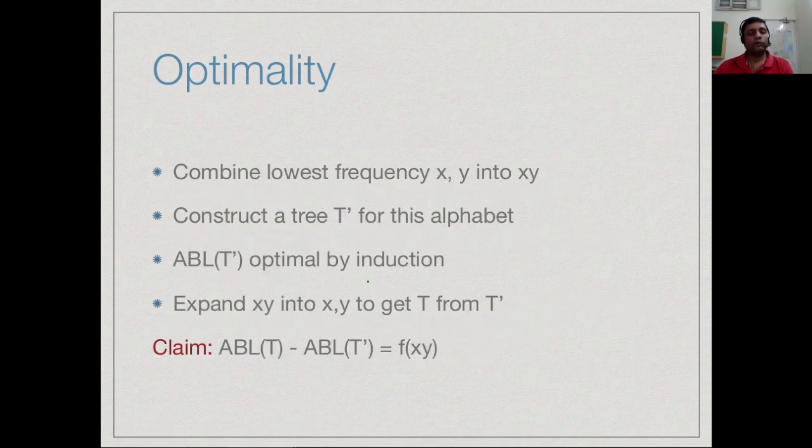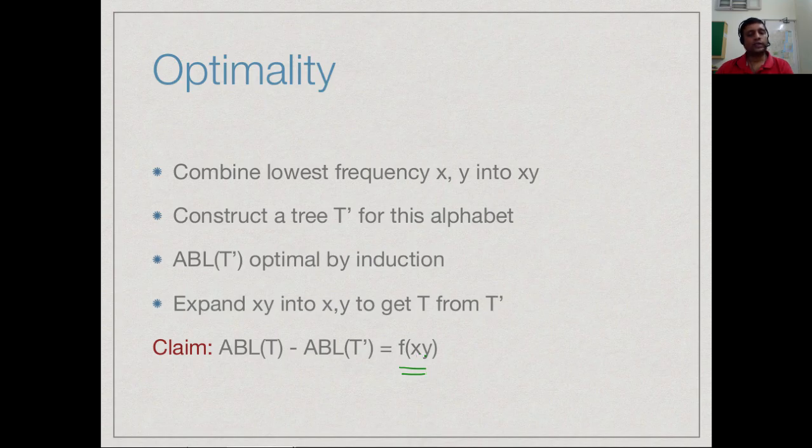So recall that we went from k to k minus 1 by combining the two lowest frequency letters as one, constructing an optimal tree for this smaller alphabet, and then expanding the XY to get a new tree. So the claim is that when I go from the tree over k minus 1 letters to the tree over k letters, the cost is going to increase, but this cost is going to be fixed by whichever letters I chose to contract.